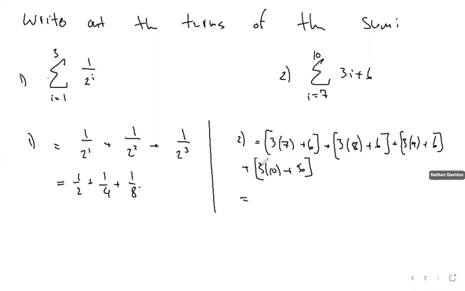If you wanted to, you could simplify this. This is 21 plus 6, which is 27, plus... oh, did I get that right?